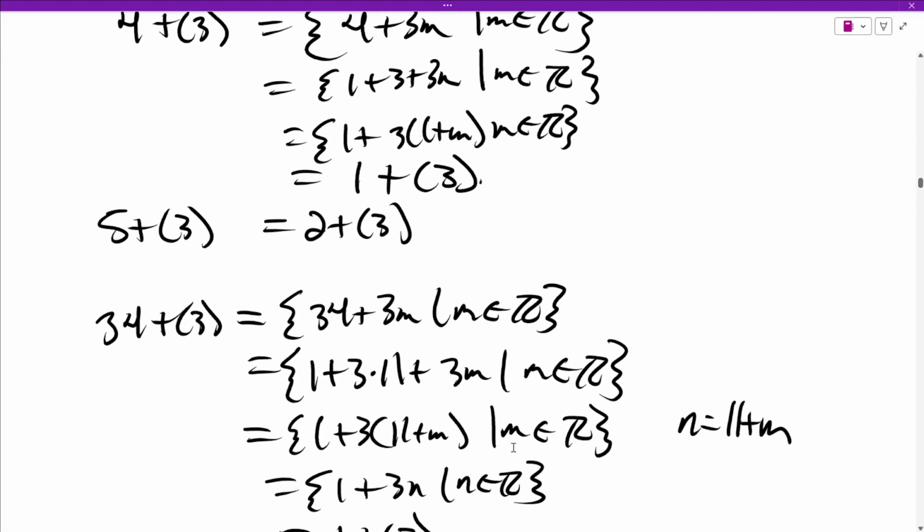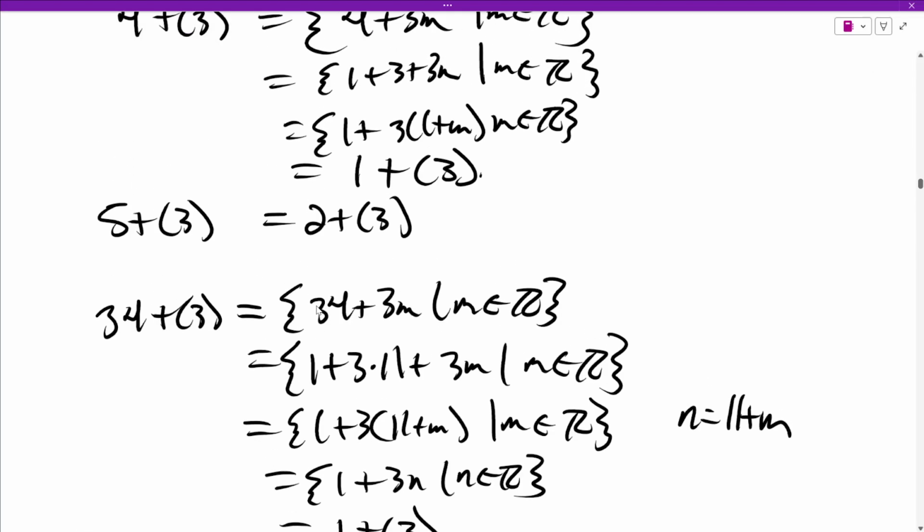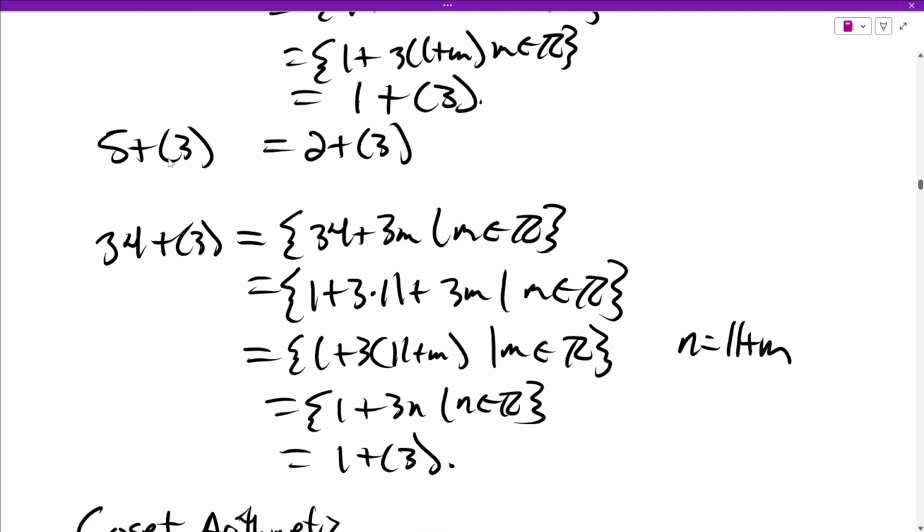Similarly, the coset that's represented by 5 is the same as the coset that's represented by 2. Great. And just to see this again a little bit differently, 34 we can write as 3 times 11 plus 1. That 3 times 11 we can absorb into the multiples of 3, and we get 1 plus the multiples of 3.